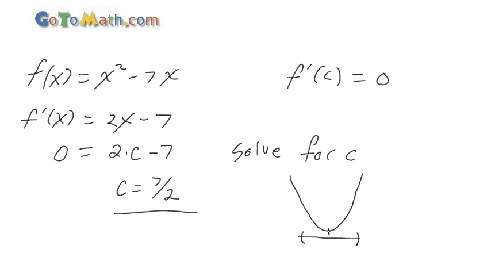This c helps us locate where that minimum is, and it also helps us determine where the function is decreasing and increasing. Reading from left to right, the function is decreasing, and then it's increasing. So anyway, 7 halves.